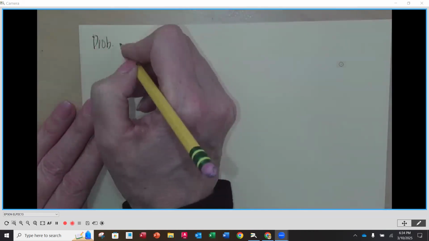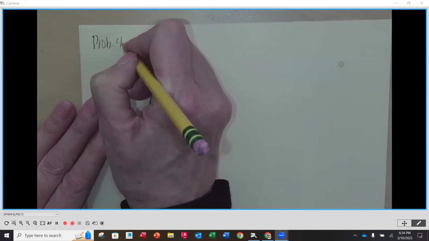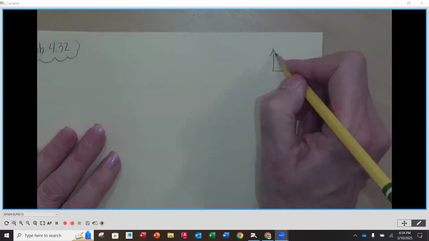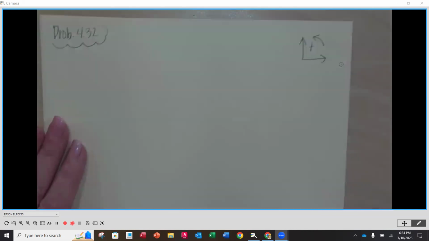So I'm going to start by drawing my free body diagram. Problem 432. I'm going to put my convention in my upper right-hand corner.